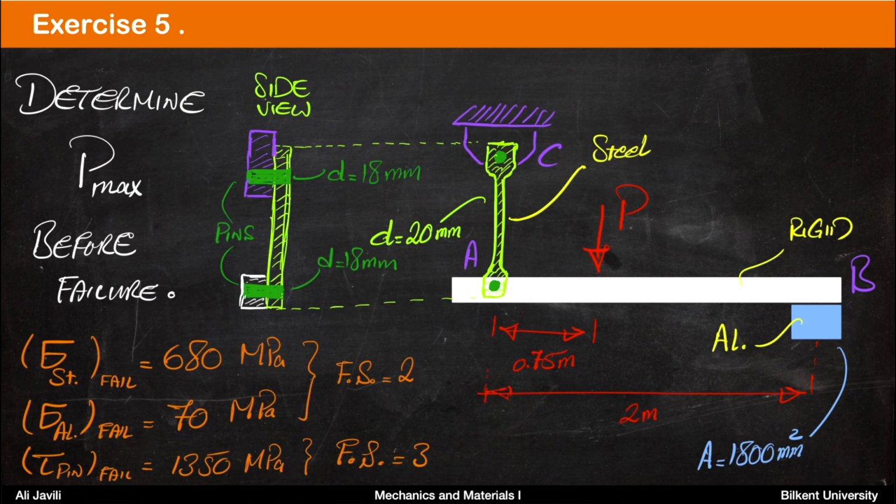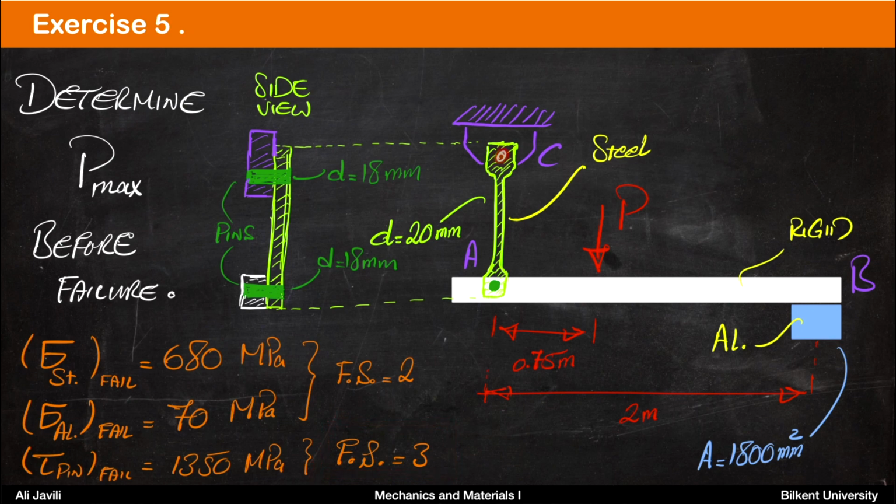For steel, the failure stress is 680 megapascal. For aluminum, the failure stress is 70 megapascal, and you are asked to assume that the safety factor for steel and aluminum is 2. For the pins, the failure shear stress is 1350 megapascal, and you are asked to assume that the safety factor is 3.